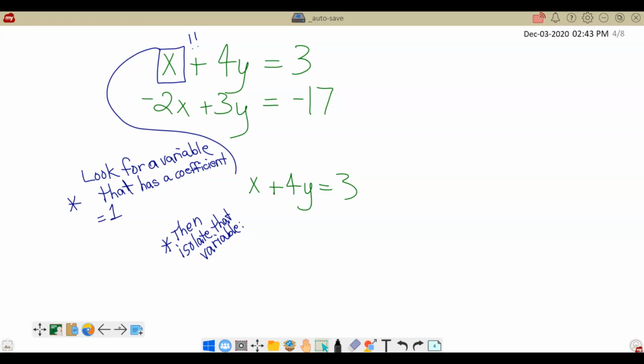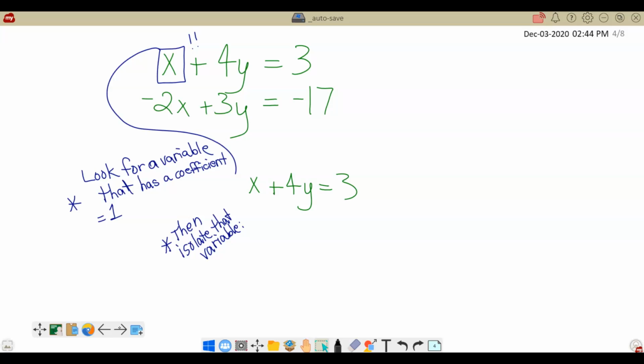So a word about substitution before we dive in. You only want to choose this method of solving systems if you have the scenario I have in a blue box with exclamation points. Then substitution is a slam dunk, easy way to solve a system.